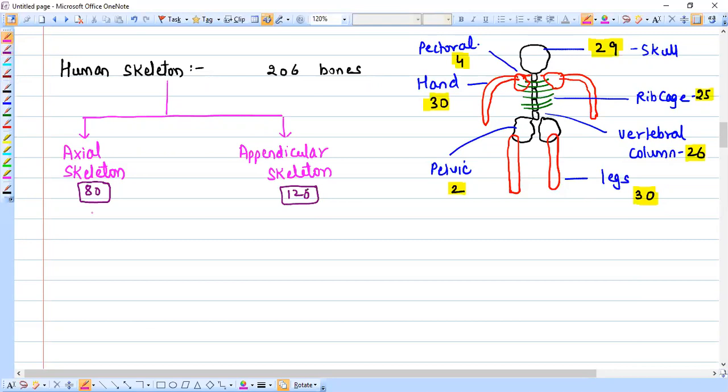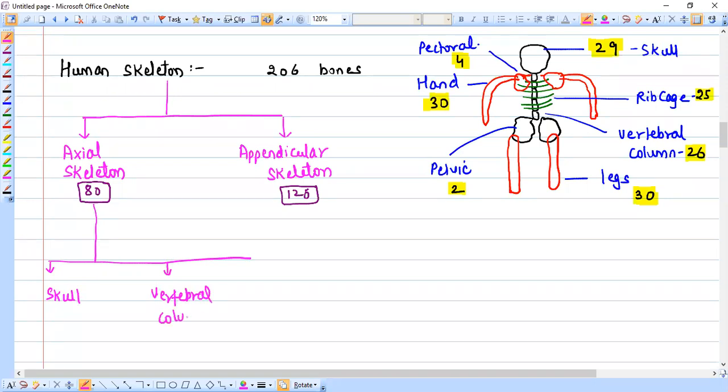Let's talk about this 80 axial. It is further divided into, very first, your skull. Then after the skull, we have the vertebral column.